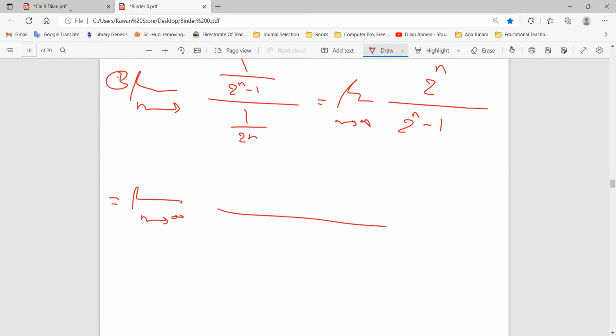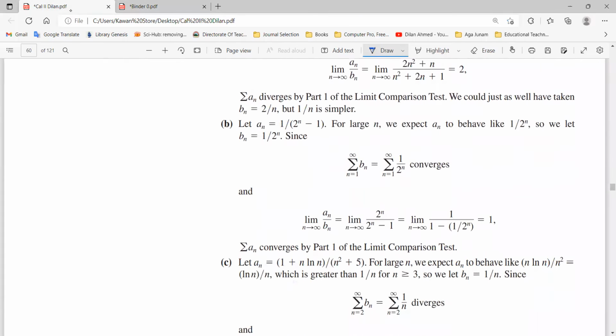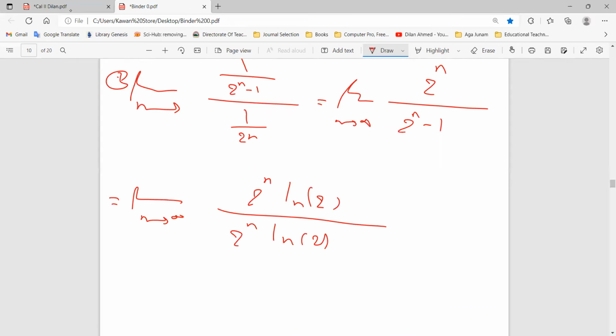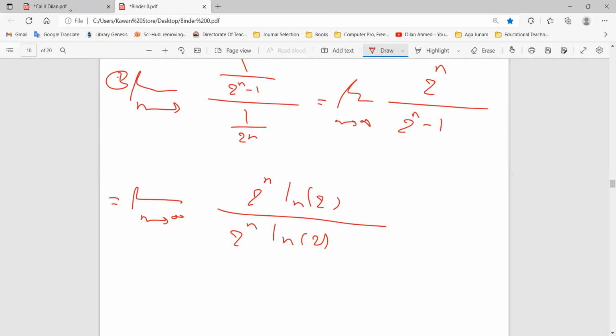So I'll get what? Derivative of the numerator over derivative of the denominator, understood? Derivative of that one is equal to what? You solve it by something else, okay, later I'll tell you.